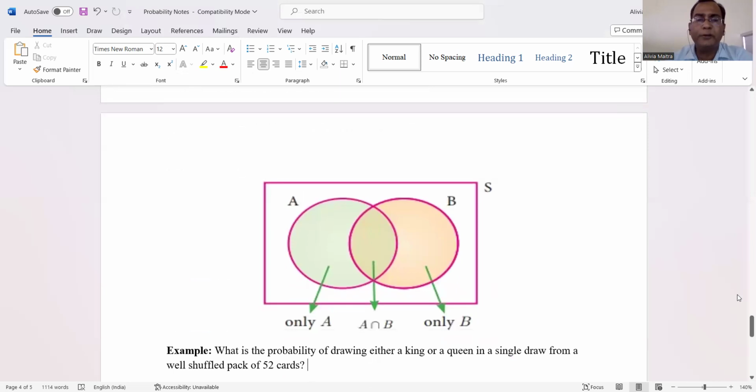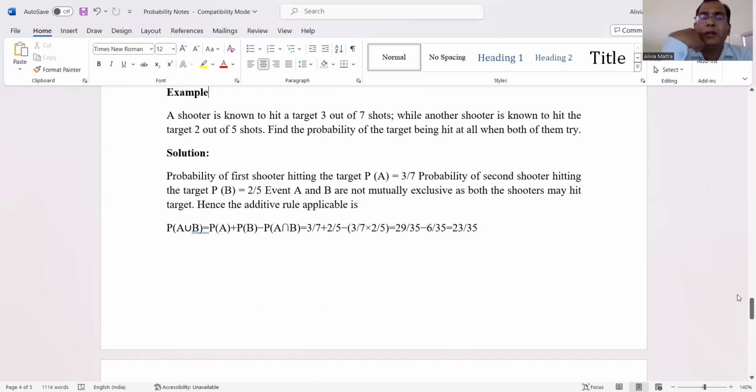So look at this one here. First, we have to see this one. Probability for the first shooter hitting the target is 3 by 7. It is given that. So the probability for hitting the target by the shooter A is given by 3 by 7.